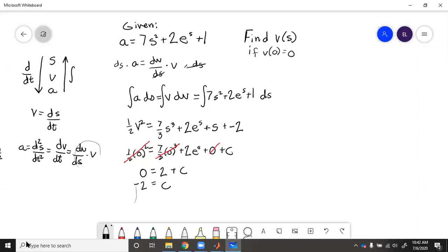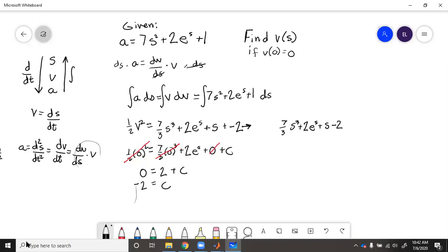So we've got an expression that is v on one side and s on the other side. But we need to get v of s, okay? So over here, it's inside of the squared. So we need to rearrange this sum. So if we rearrange that, let's say we've got 7/3 s cubed plus 2 e to the s plus s minus 2.